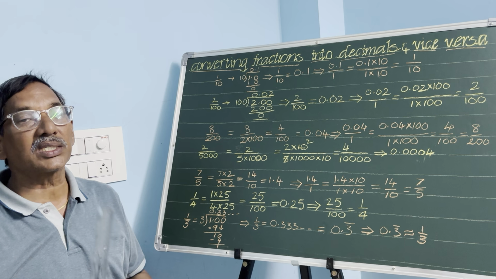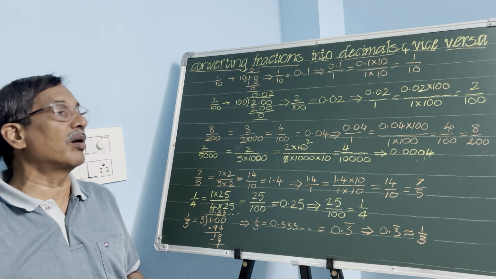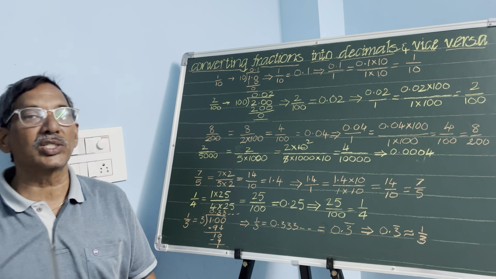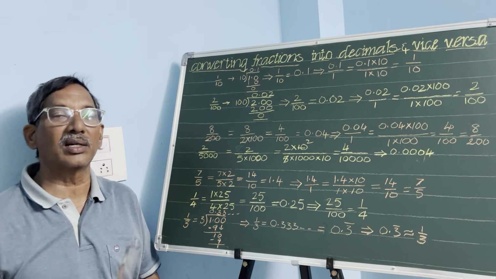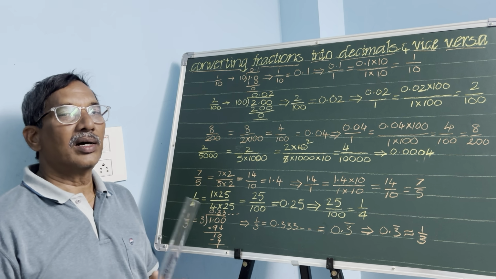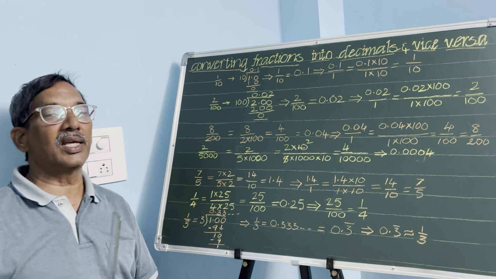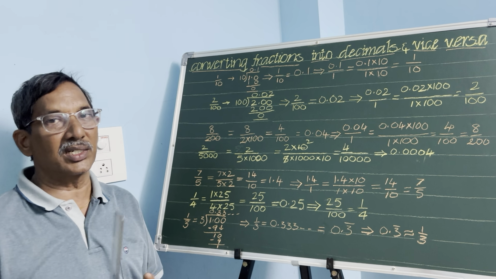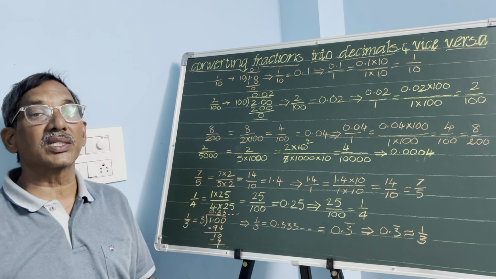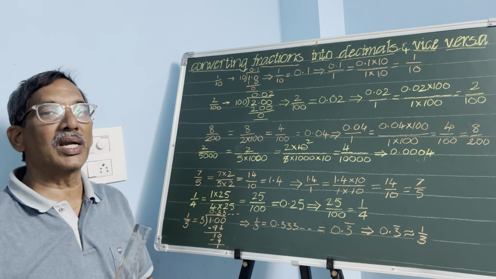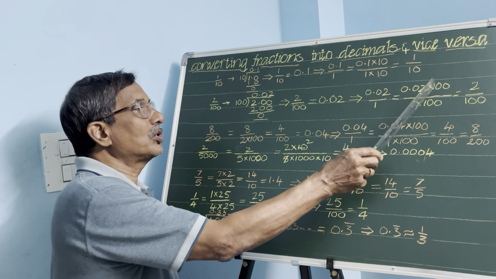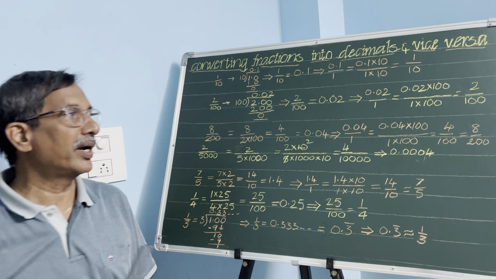Now let us convert 0.02 into a normal fraction. As in the above example, 0.02 can also be written as 0.02 by 1. As we have discussed earlier, the value of a fraction does not change when you multiply both the numerator and the denominator by the same number. Now let us multiply the numerator and the denominator by 100: 0.02 into 100 by 1 into 100.